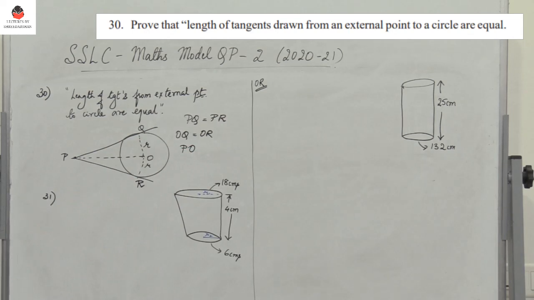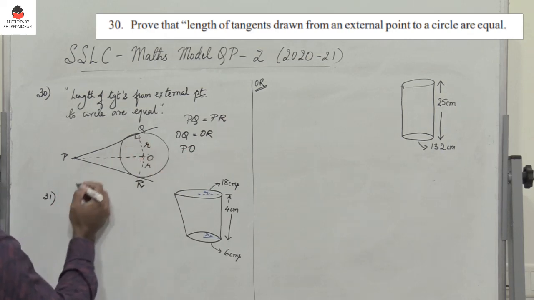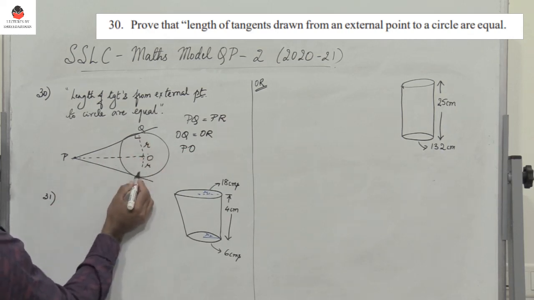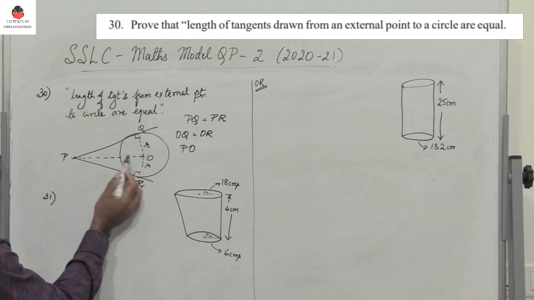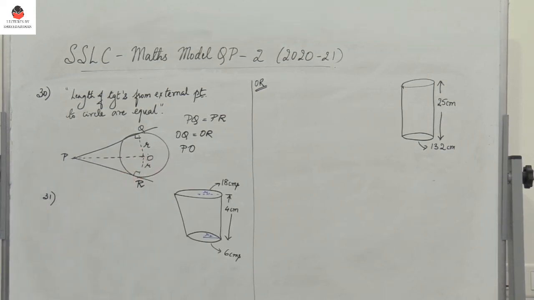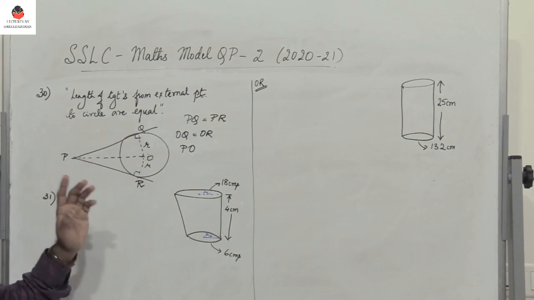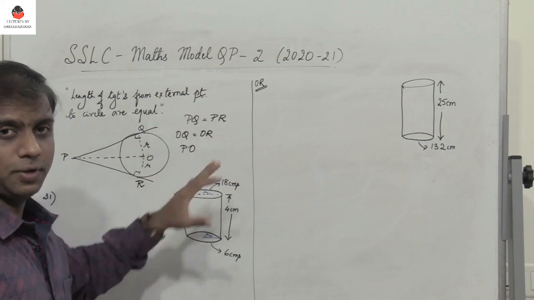So the side is equal, and we also know that PQ is perpendicular to OQ and PR is perpendicular to OR. So therefore, we find that these two triangles, triangle OPQ and triangle OPR, are congruent, and hence PQ would be equal to PR. So this is the proof which you have to do, which is there in the textbook, and I have very briefly explained.